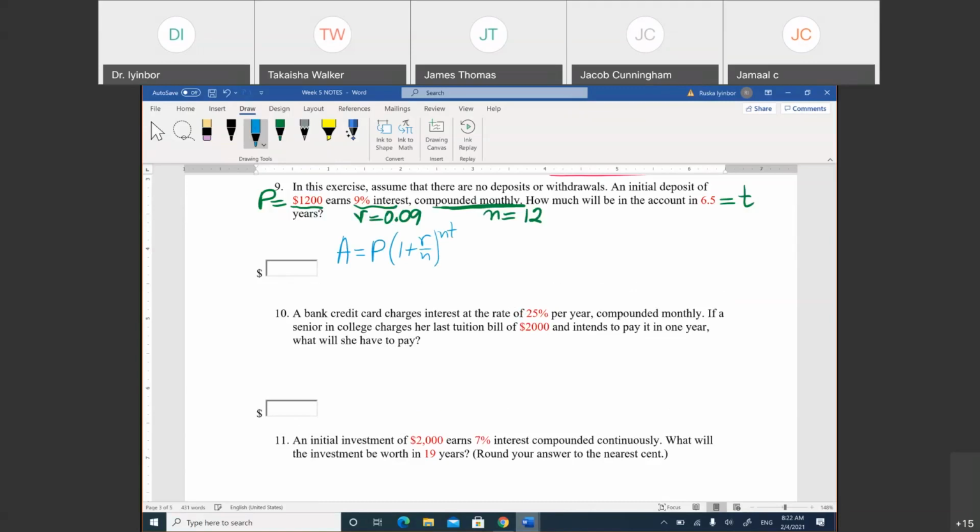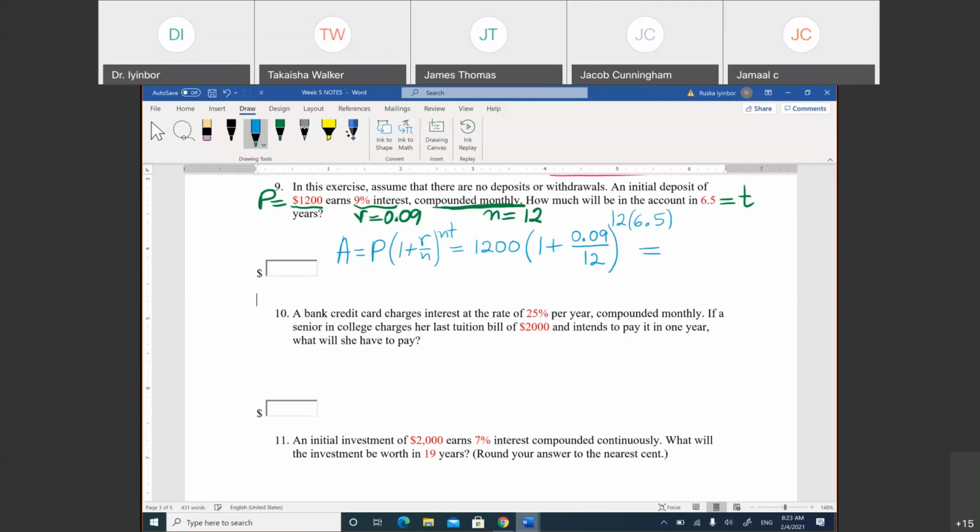So when you plug it in, just plug in the given numbers. You have 1,200 as your principal, parentheses 1 plus the rate, 0.09, over 12 with exponent 12 times 6.5.